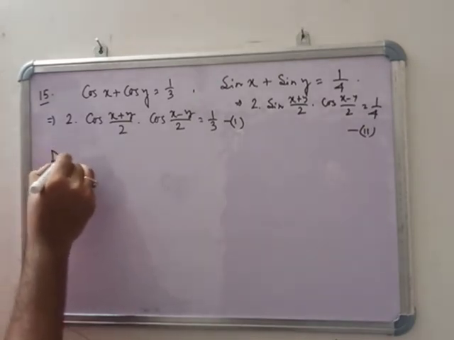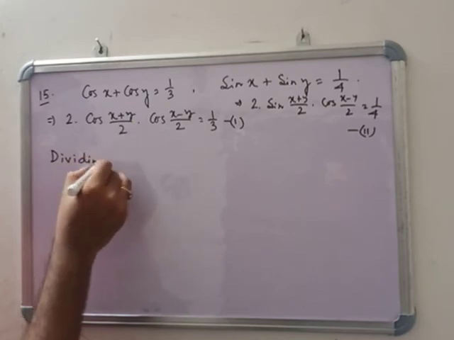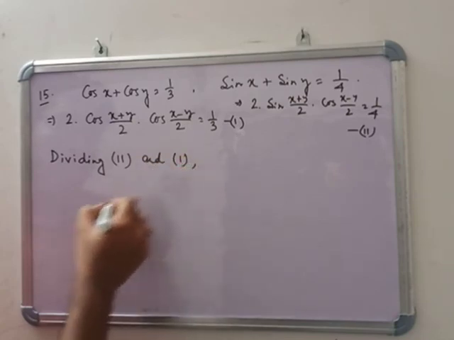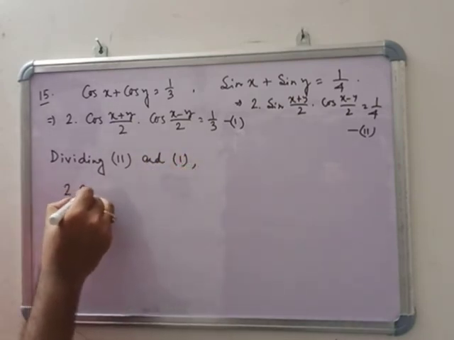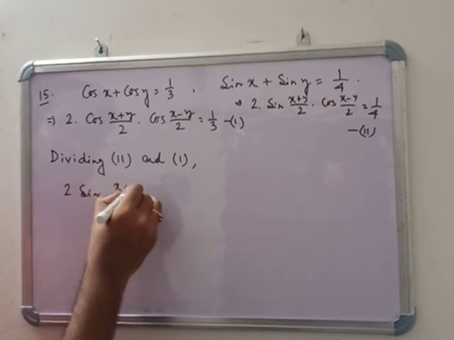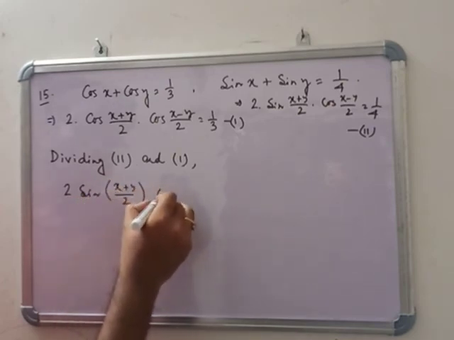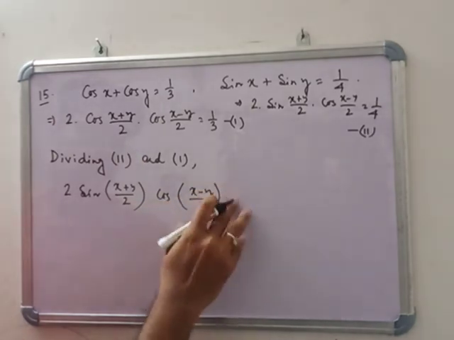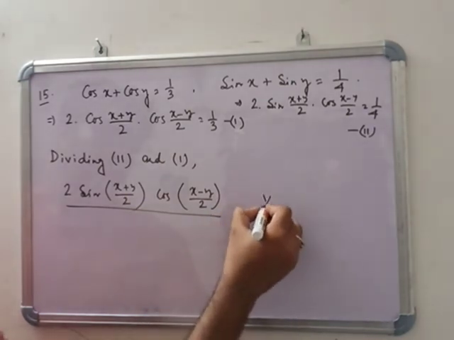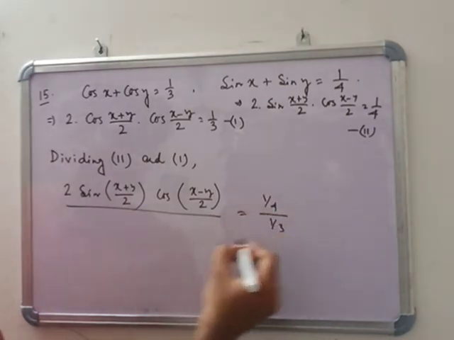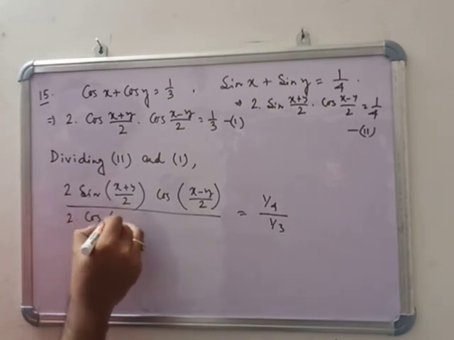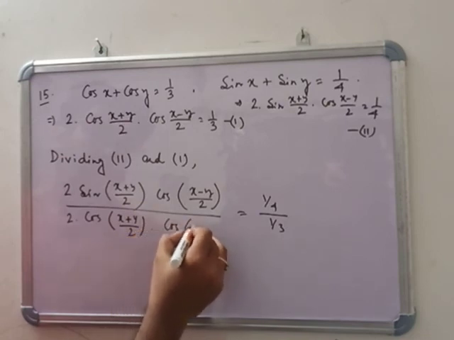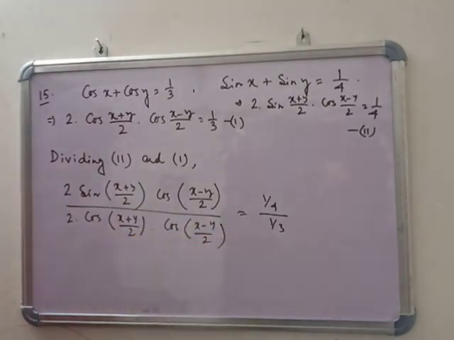Now, dividing 2 and 1, we get 2 sine x plus y by 2 cos x minus y by 2 equals to 1 by 4 by 1 by 3 to cos x plus y by 2, okay.